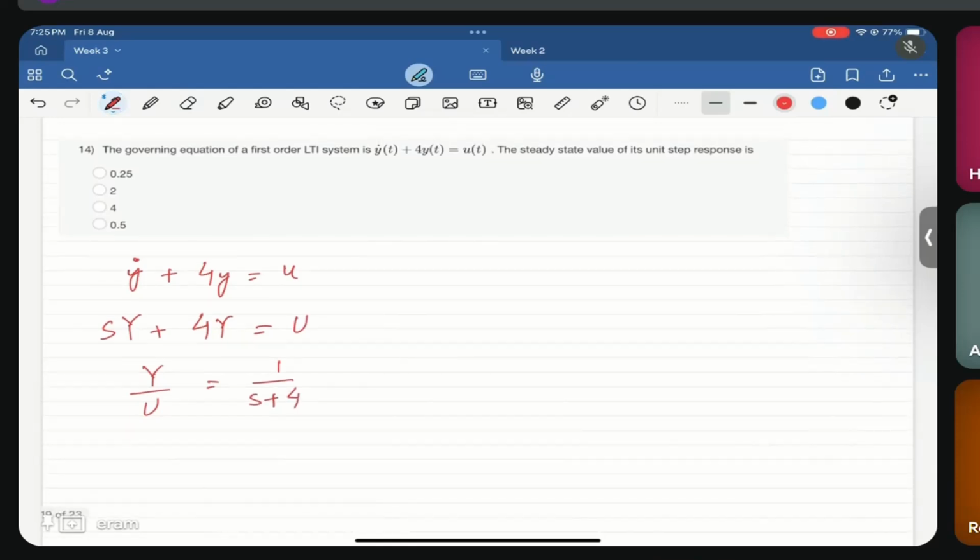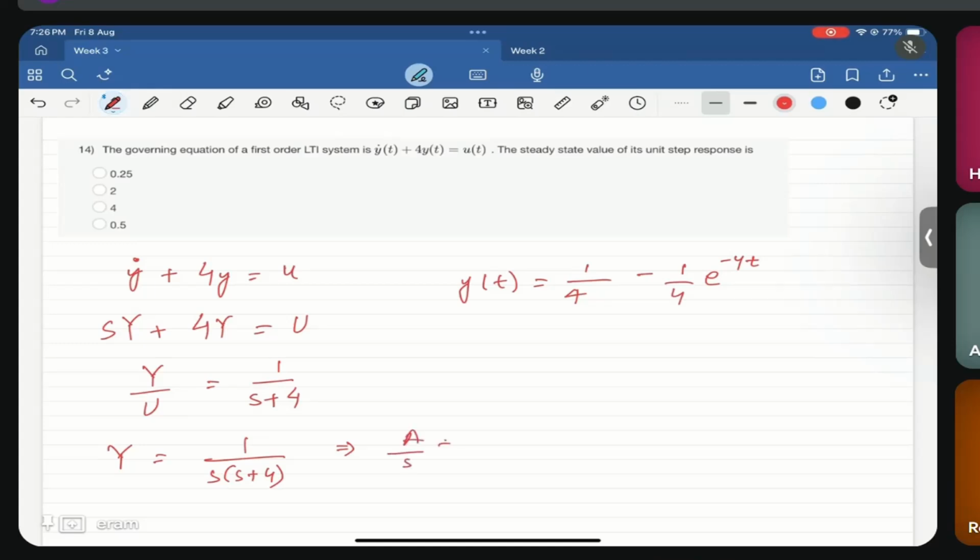And u is a step, so Y(s) will be 1 by s into s plus 4. Again, what will be y(t)? It will be 1 by 4 minus 1 by 4 e to the power minus 4t. Is it correct?